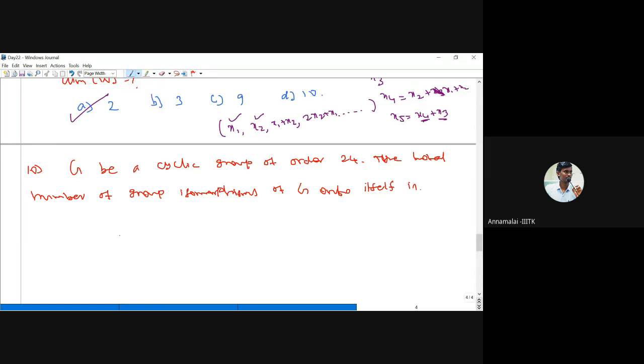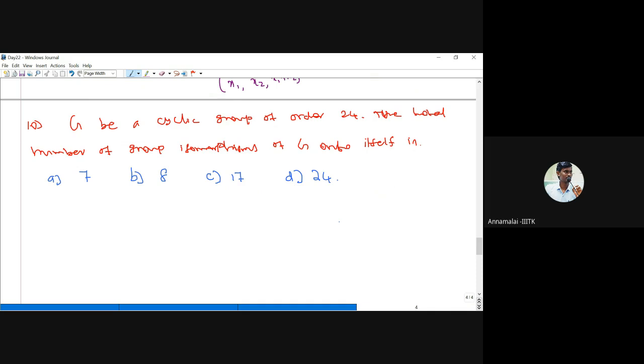So here phi of 24. The options are, first option is 7, second option is 8, third option is 17, and the last option is 24. So they're asking the number of isomorphisms from G onto G, which is nothing but automorphisms.